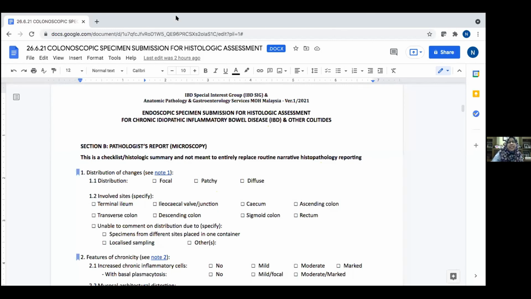Okay, thanks. Next question from Dr. Nur Hidayati. If there is only thin and incomplete subepithelial collagen, does it still favor collagenous colitis? Thin and incomplete, I don't know how to interpret that.